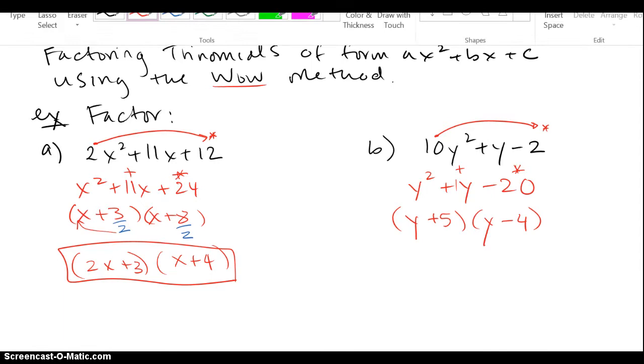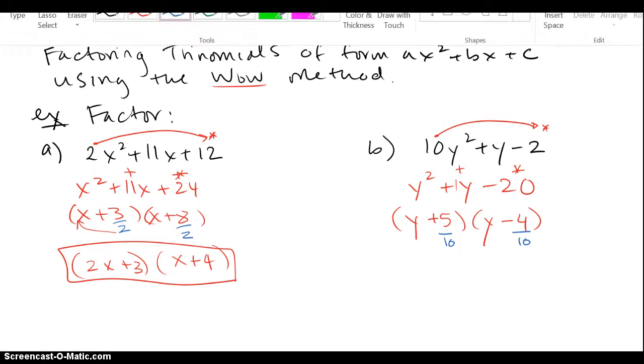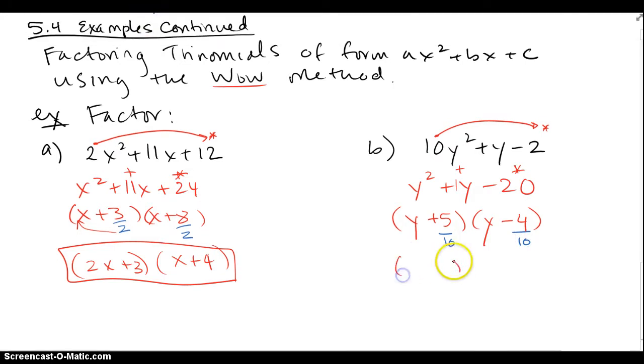Again, don't forget that you had moved up the 10 and multiplied by 10, so now we're going to divide both of them by 10 and do any reducing that needs to be done. It looks like they both reduce. Y plus, they're both divisible by 5, so that becomes 1/2. And this one, they're both divisible by 2, becomes 2/5, it looks like.